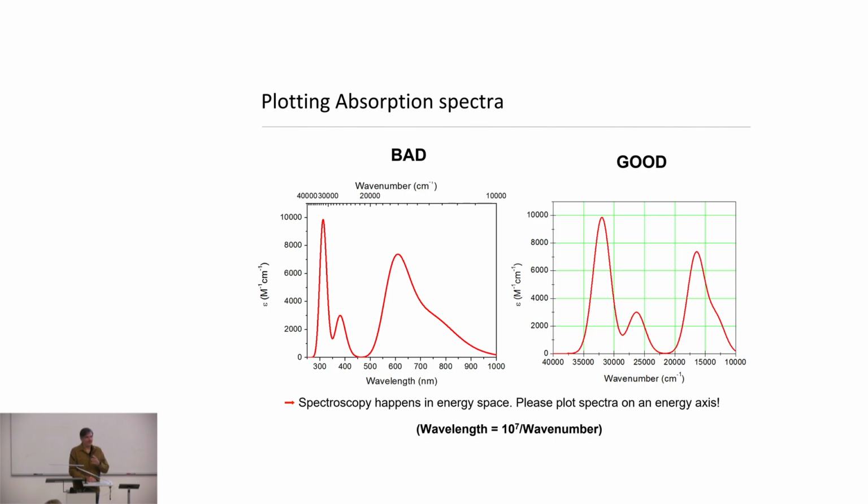When you analyze or assign spectroscopy, the energy at which a transition occurs is important, of course, but it's only half the information. The other half, which is usually more important and more telling of what's happening in the molecule, is the intensity of the transition, right? So what you really should do is make an effort to get proper intensities.